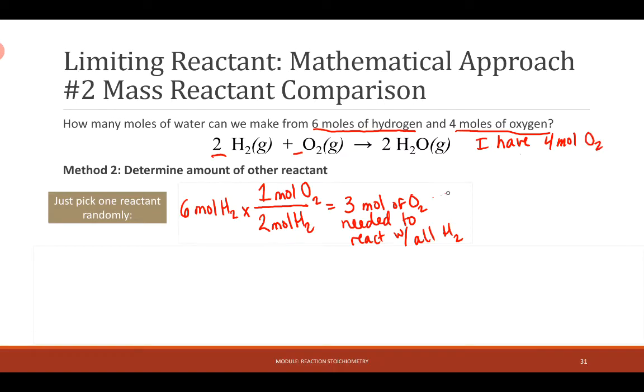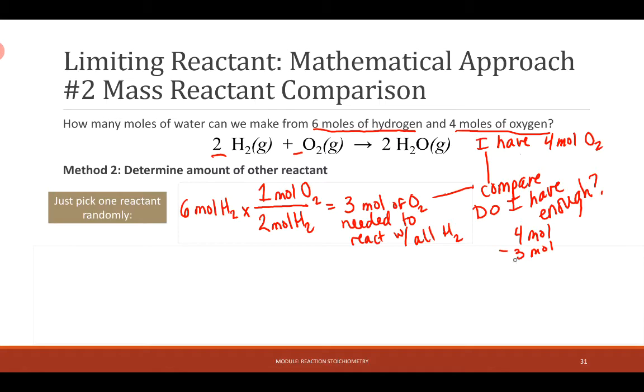So I compare. Do I have enough? I have 4 moles, I need 3 moles. 4 moles minus 3 moles tells me that I'm going to have 1 mole of O2 left over.